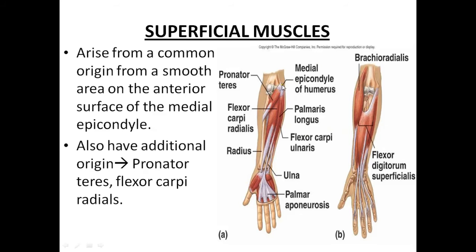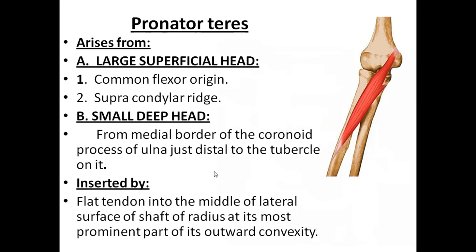So the humerus medial epicondyle acts as the common site of the common flexor origin. Besides the common flexor origin, an additional origin of Pronator teres and Flexor carpi radialis is also present, but mainly the superficial flexors arise from the medial epicondyle, which is termed the common flexor origin.